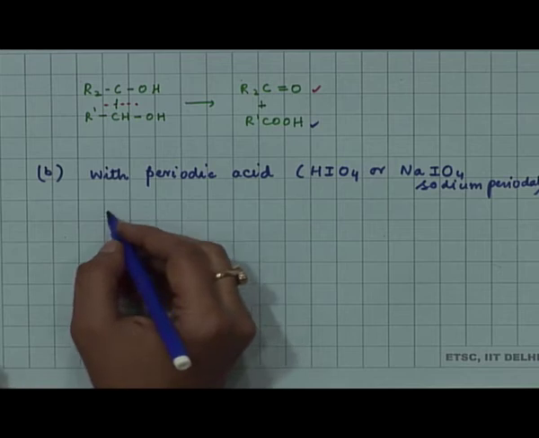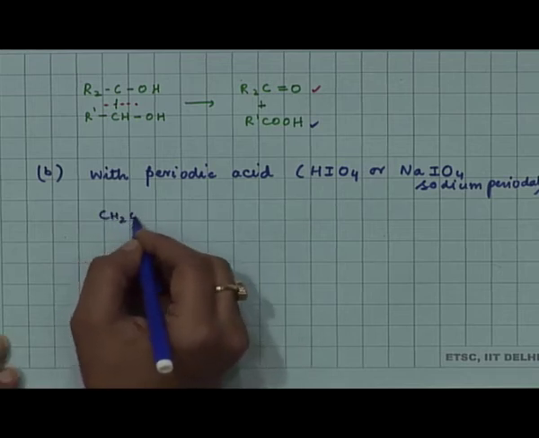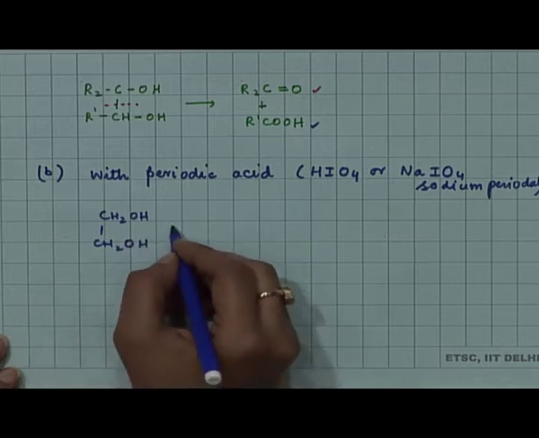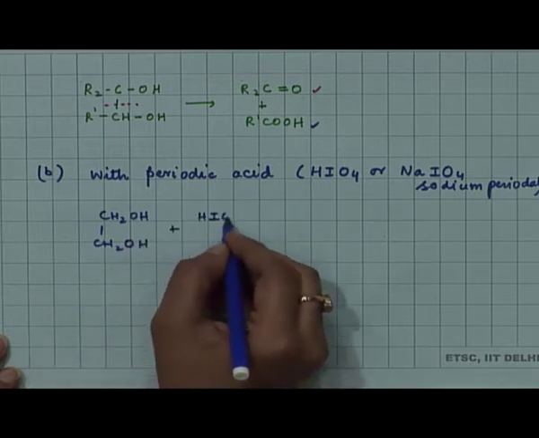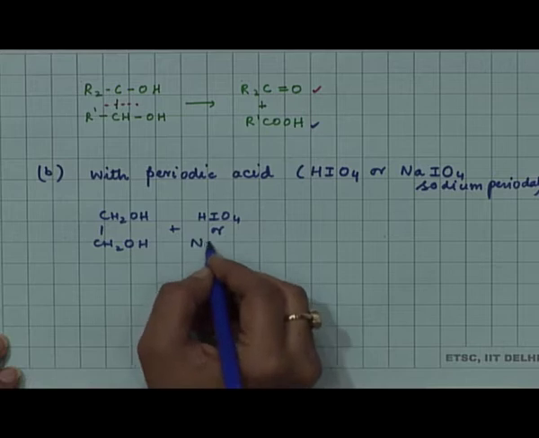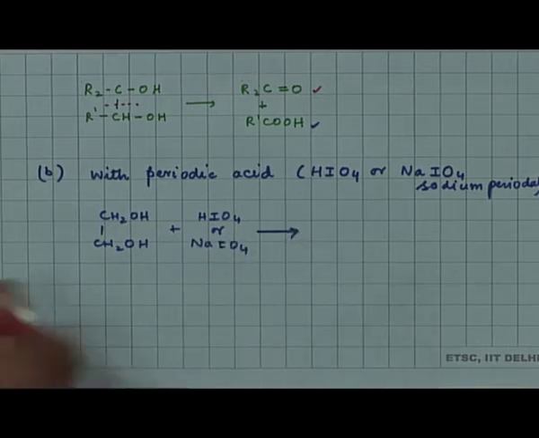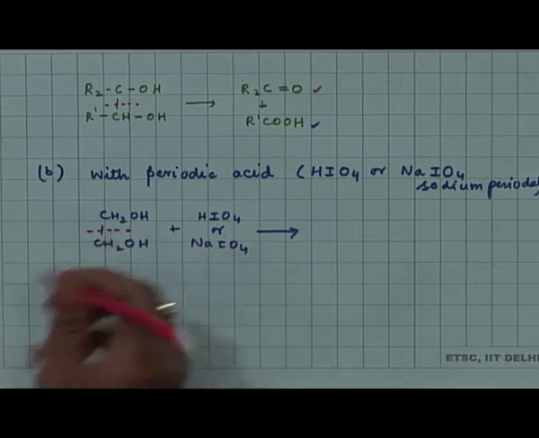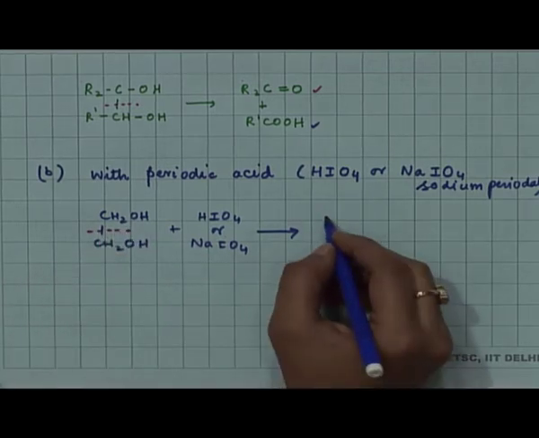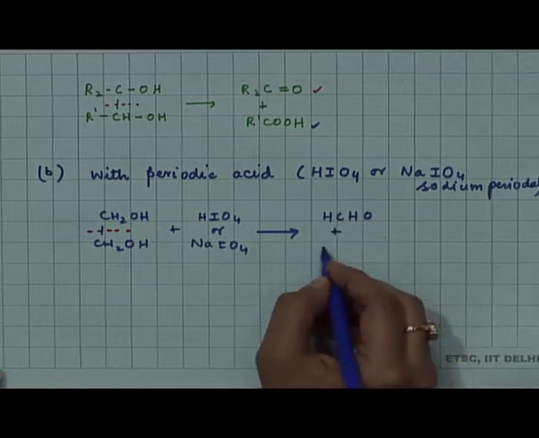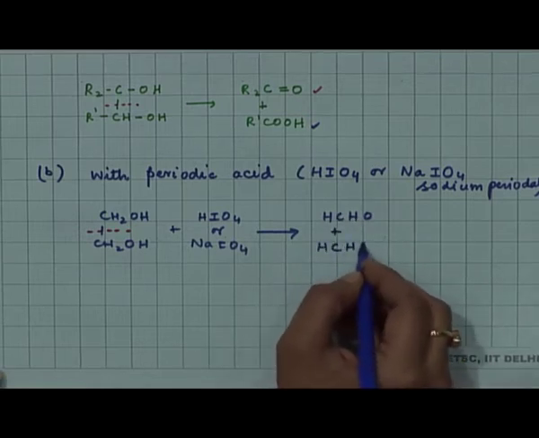So, with periodic oxidation, if you start with the glycol and you treat it with HIO4 or NaIO4, as was happening with KMnO4, the cleavage of the bond occurs at this position, but instead of the acid as you were getting previously, you end up with a mixture of the aldehyde.